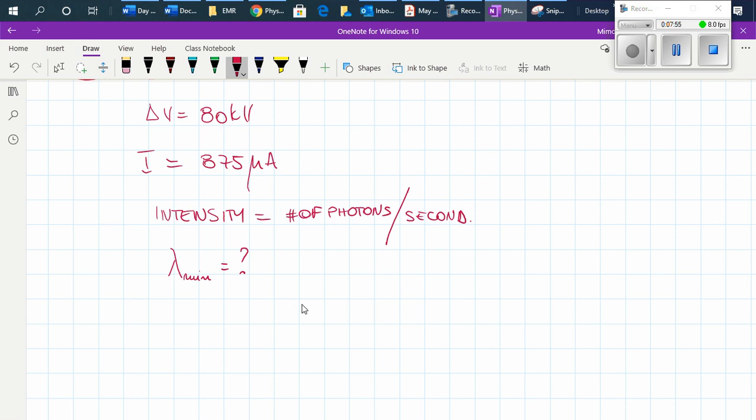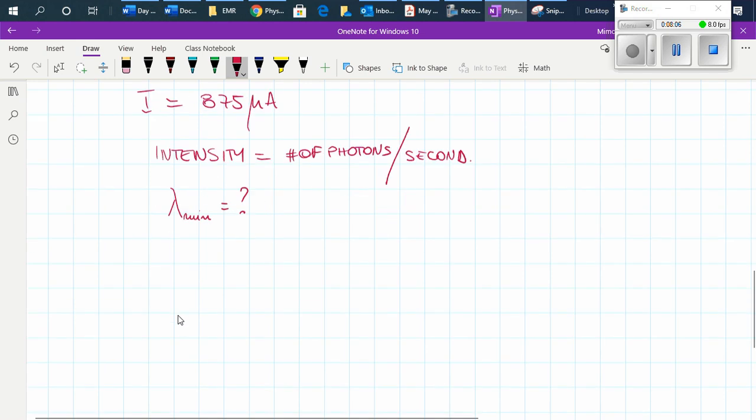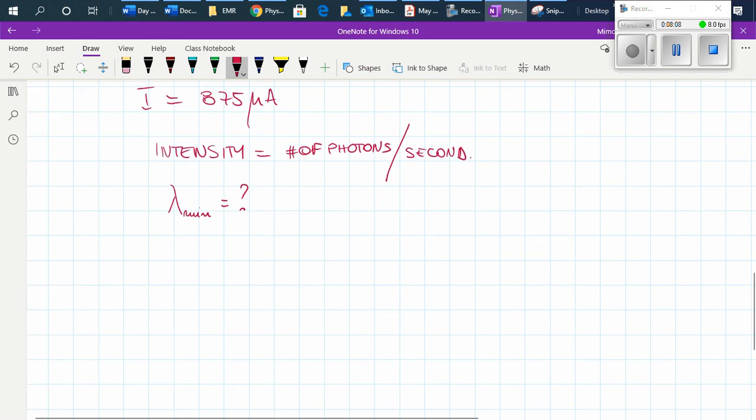Now, let's first figure out the number of electrons that are hitting the anode.